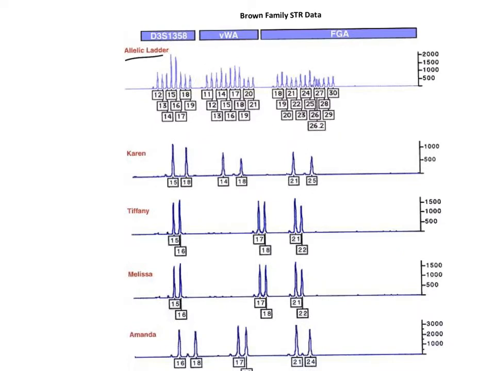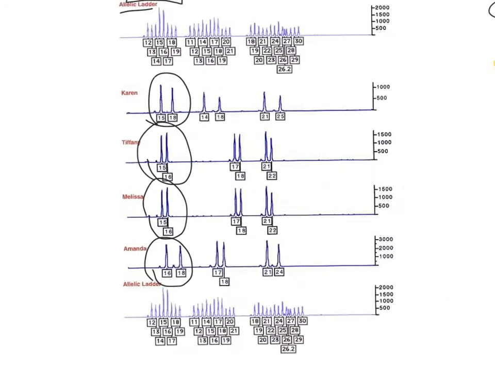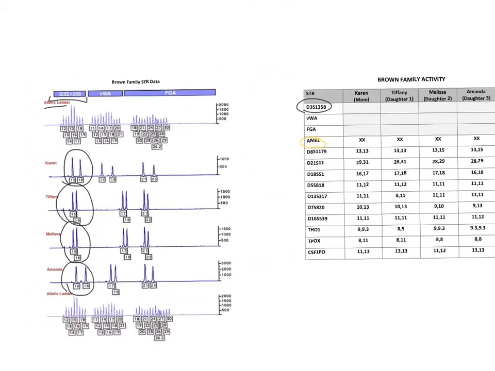We use that to compare and see specifically how many repeats a person has. So this is for the D3S, and if you look down, Karen has 15,18, Tiffany has 15,16, Melissa has 15,16, and Amanda has 16,18. So we can fill that in over here.